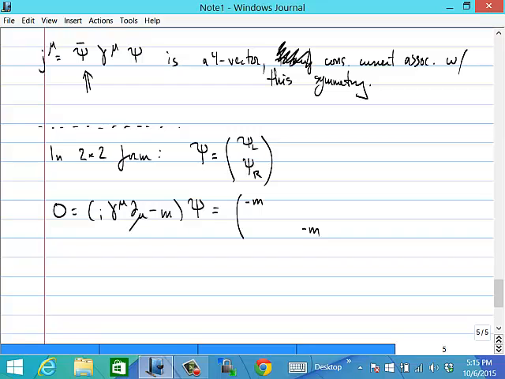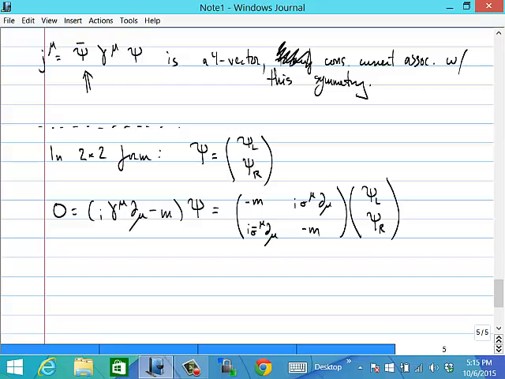And remember that gamma^mu, when we wrote it in this compact notation, was sigma^mu d_mu in the upper right and sigma bar^mu d_mu in the lower left. So you just get a pair of differential equations for those two-component spinors.